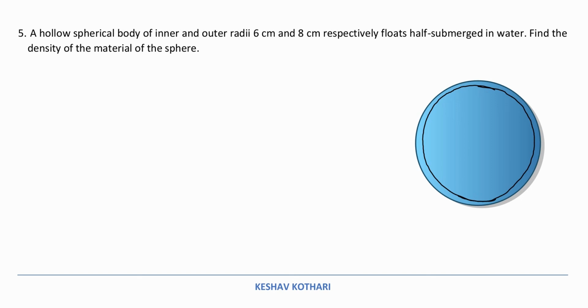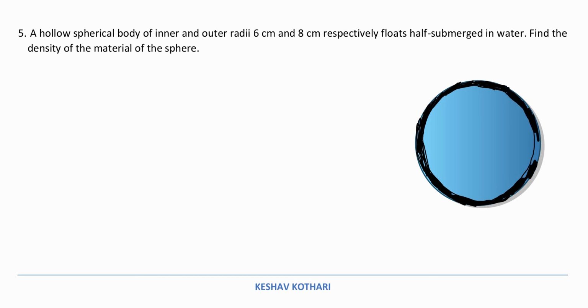And this is the portion of the sphere which is made from a certain metal whose density is to be determined in this problem. It is given that the inner and outer radii are 6 and 8 centimeter.